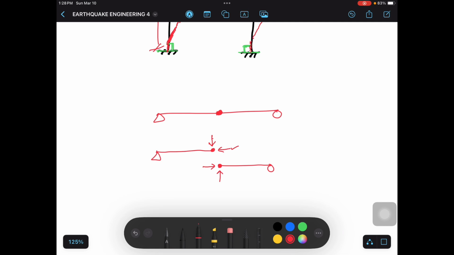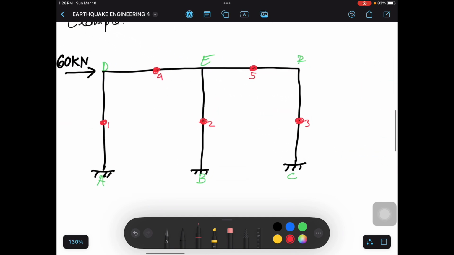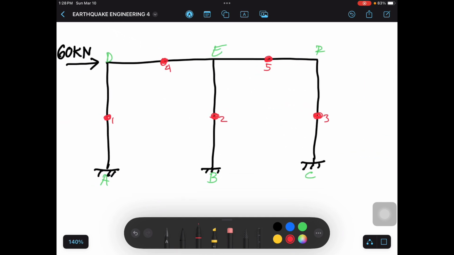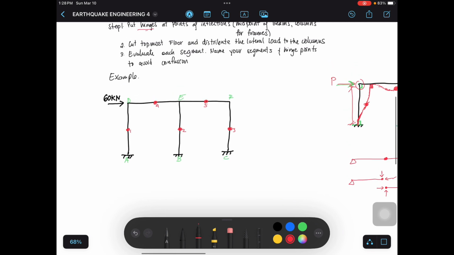So, ganun ang definition ng mga hinge joints. So, dito sa frame natin, nilagyan natin siya ng hinge joints. Ibig sabihin, at this point, we can disassemble. And at this point, we have to get yung corresponding vertical and horizontal forces. So, let's do that.